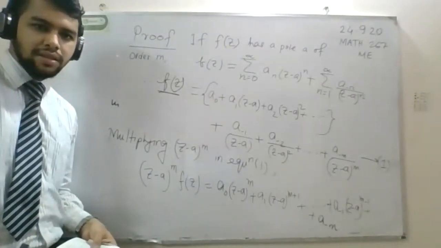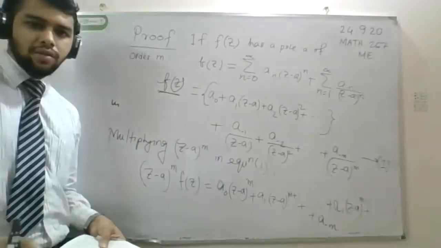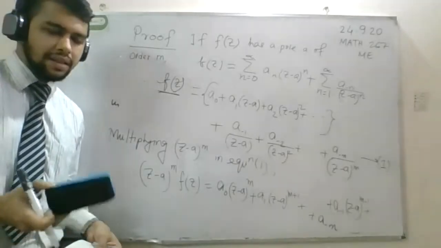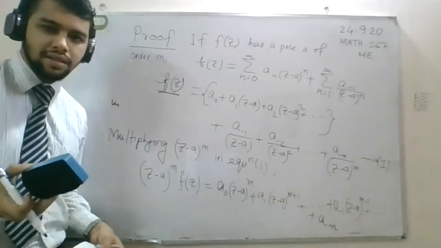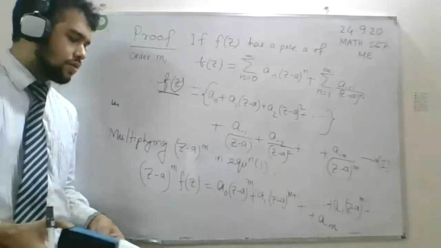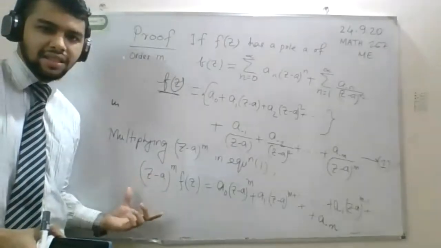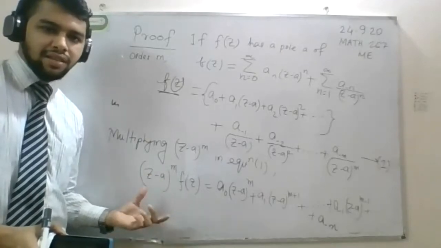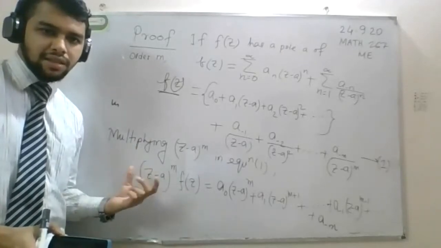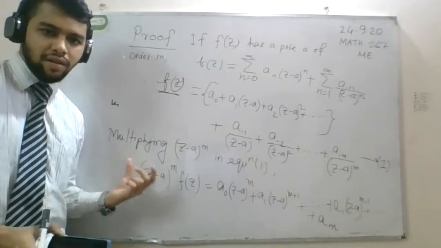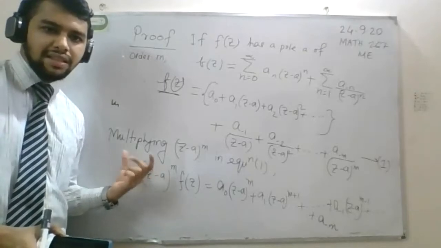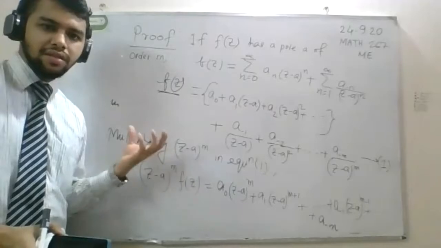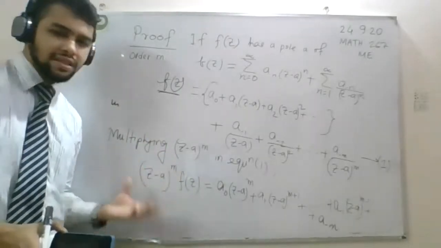Differentiate, sir. So you have to differentiate this thing m minus 1 times, and after that, take the limit of the function, which is z tends to a. So you can find your required result by using this test.